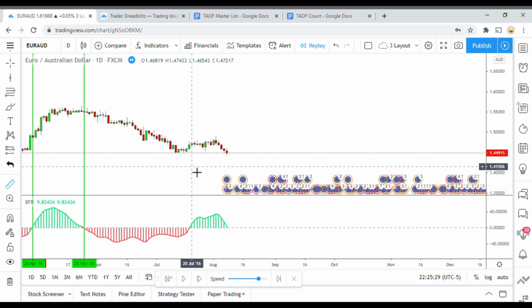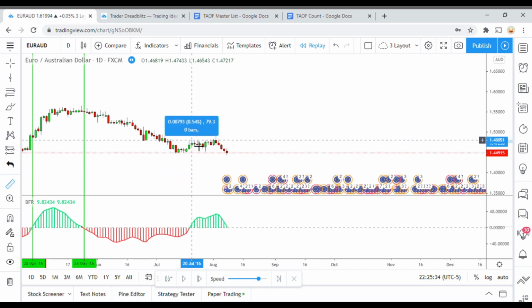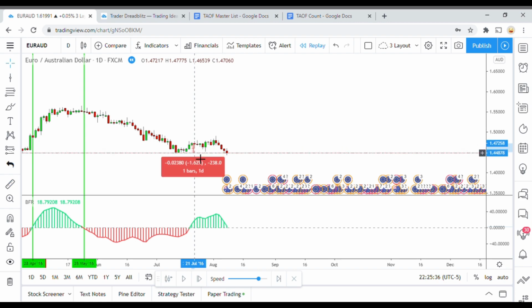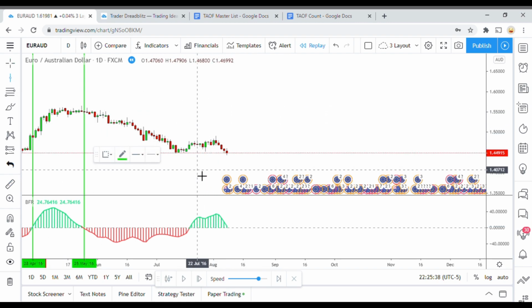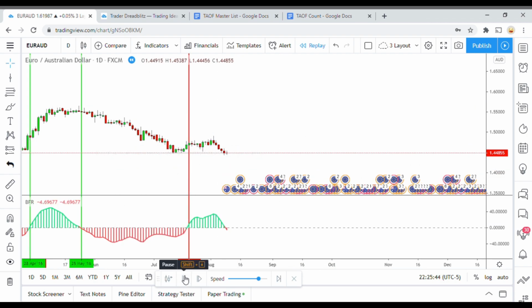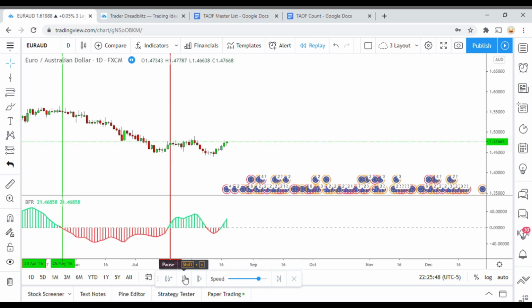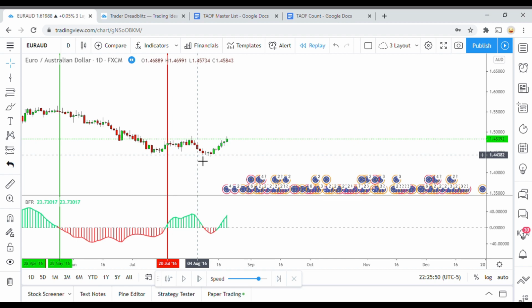Looks like it might have stopped us out though. And yeah, it did. Unfortunately, it stopped us out.